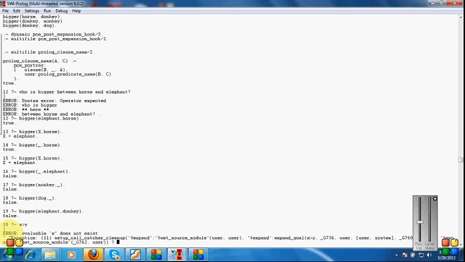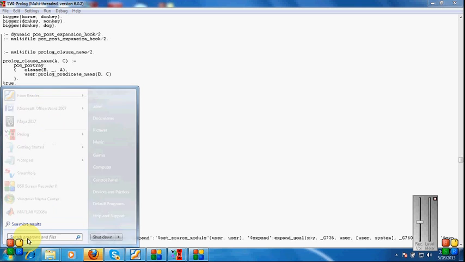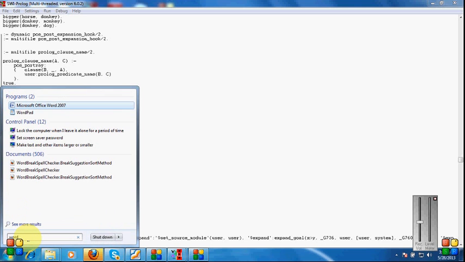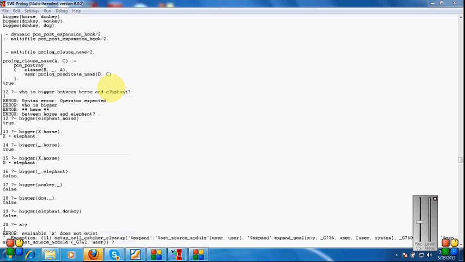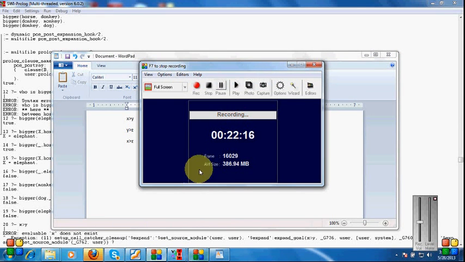Actually I have to have some editor like Notepad. Okay, I take WordPad and tell you here separately that if x is greater than y and y is greater than z is given, then x is automatically greater than z. This is mathematical transitivity, but Prolog simply has no mathematical capability to understand this transitivity.